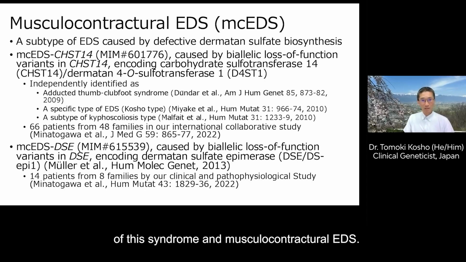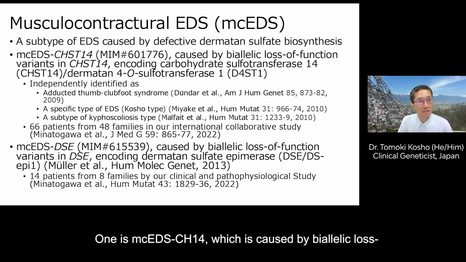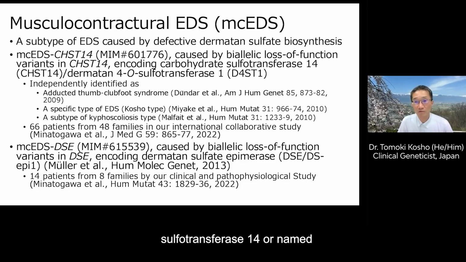Musculocontractural EDS, mcEDS, is a subtype of EDS caused by defective dermatan sulfate biosynthesis. It is classified into 2 types. One is mcEDS CHST14, which is caused by biallelic loss of function variants in CHST14, encoding carbohydrate sulfotransferase 14, or named dermatan 4-sulfotransferase 1.